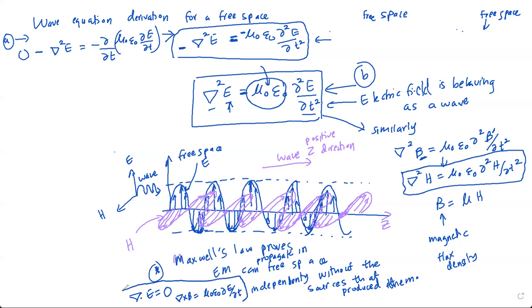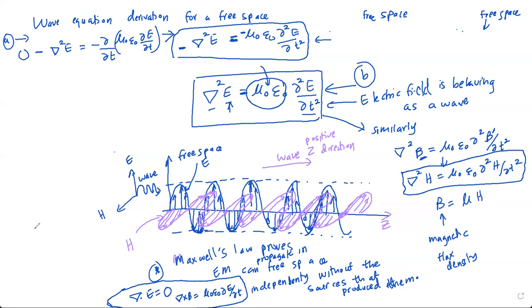Okay, so by taking mainly these two assumptions, we were able to show the wave-like behavior shown by the electric field and the magnetic field, and that an electromagnetic wave can exist independently without the support of a source that created it. Okay, so that is basically regarding Maxwell's law. If it is not clear to you, please let me know.